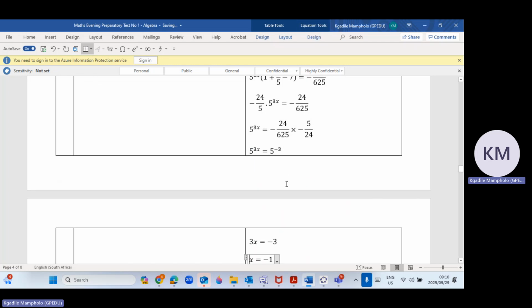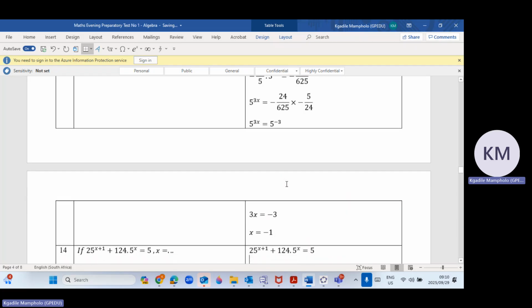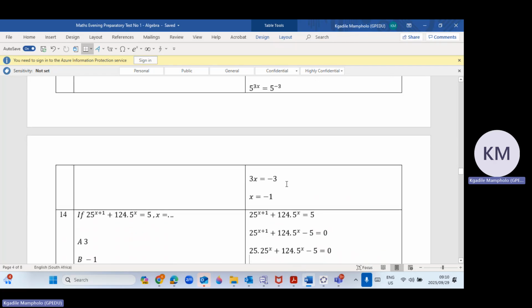Then you drop the bases because the bases are the same. Then 3x will be -3, then x will be -1. So remember, when in the terms you have the powers with same bases and same exponents, then you take out the common factor.